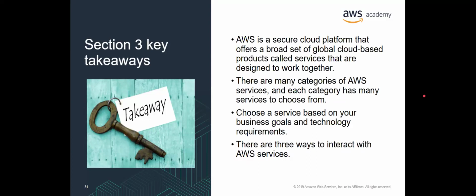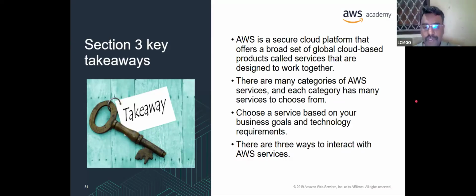There are many categories of AWS services, and each category has many services to choose from. Choose a service based on your business goals and technology requirements. There are three ways to interact with the AWS services. Yes, we just learned all these things.